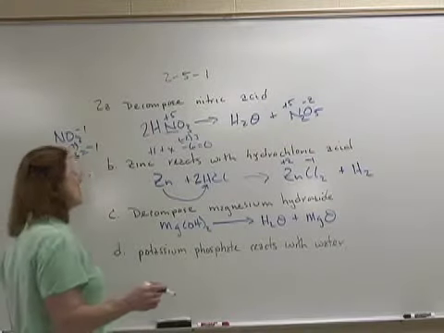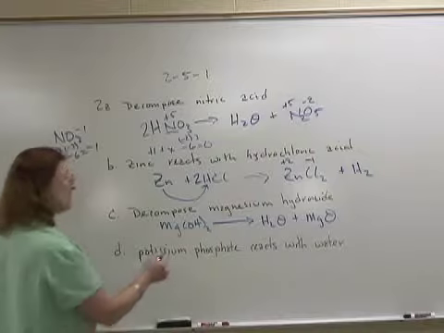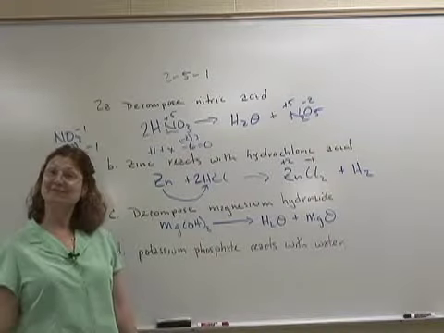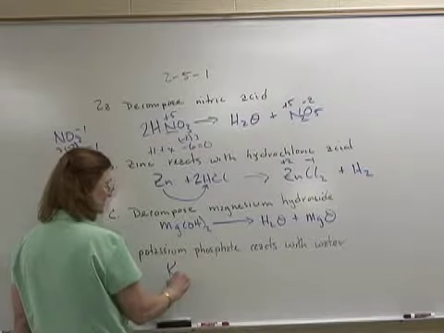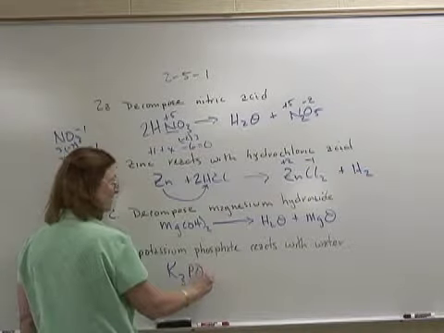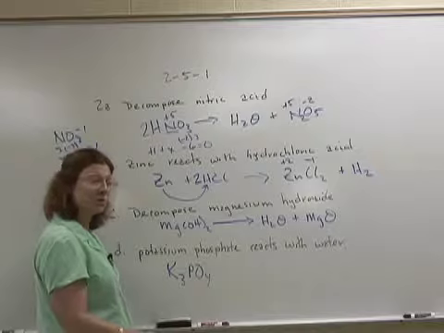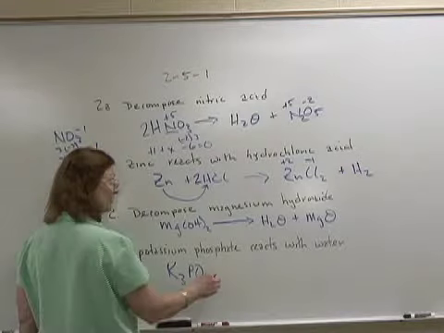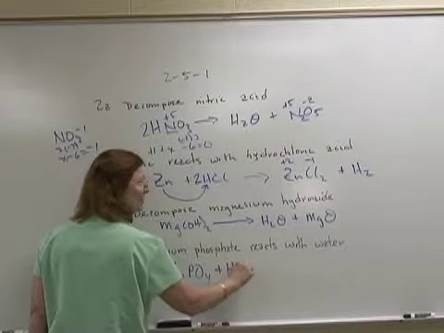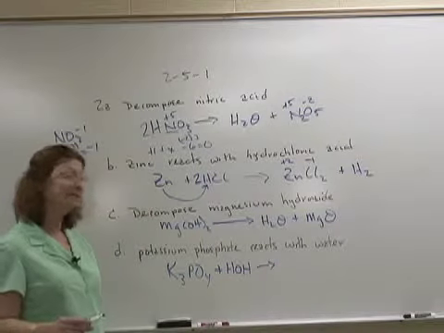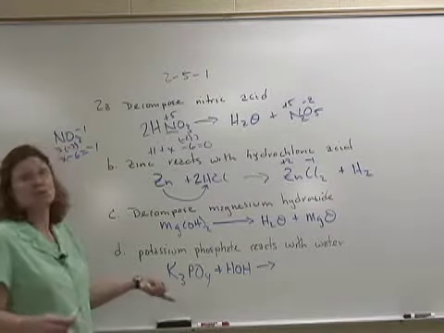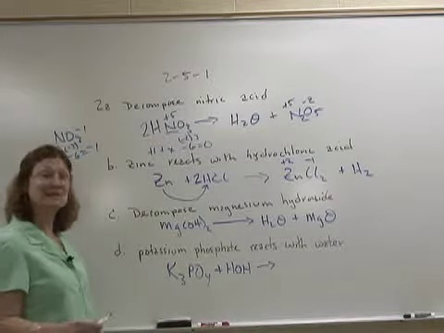Anyway, MgO, and now I believe it's balanced. Now the final one is potassium phosphate. Potassium is +1 and phosphate is -3, so it requires 3 potassiums to get to 0. And I am going to write HOH so that I see how my water separates. Now I know when I have a salt and water, I'm going to get an acid and a base.